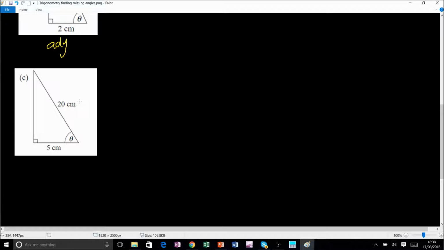Now let's look at this example here. Here we've got the hypotenuse and the adjacent. What uses the hypotenuse and the adjacent? Well, that's cos. So theta is equal to the inverse of cos of the adjacent over the hypotenuse.